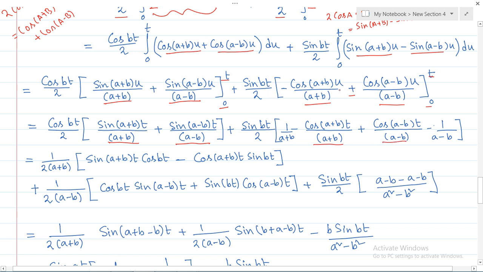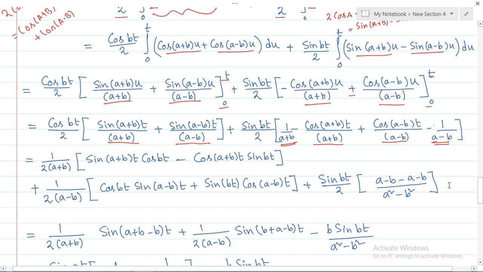But while putting the lower limit, that is 0, cos 0 is 1, so minus of minus 1 will become 1 upon (A plus B), and here also it will become minus 1 upon (A minus B). While putting the lower limit 0, you have to be very careful.